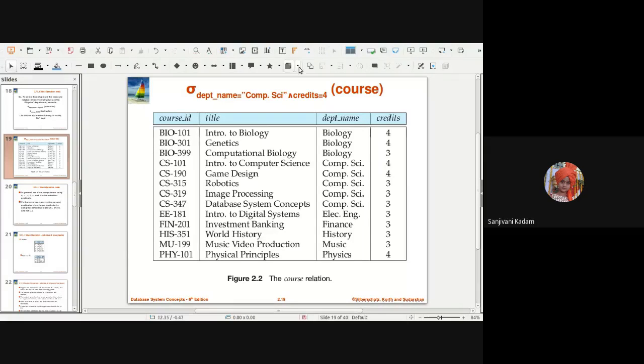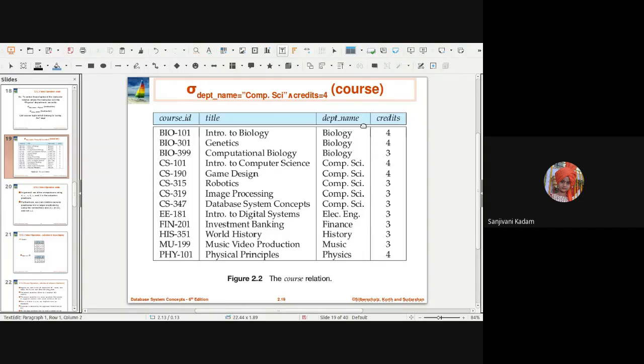And what about the relation name? Yes, subject. The relation name is also required, and title should be a subscript to the pi.